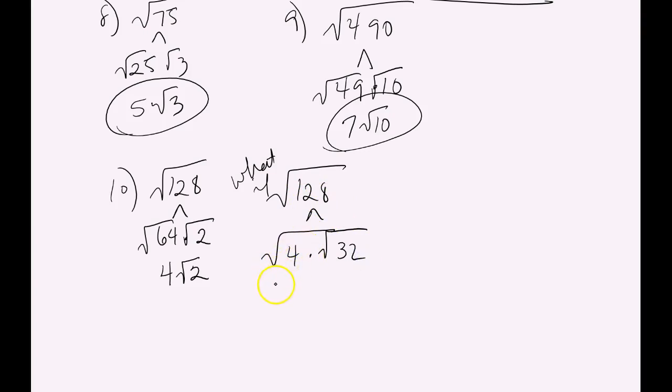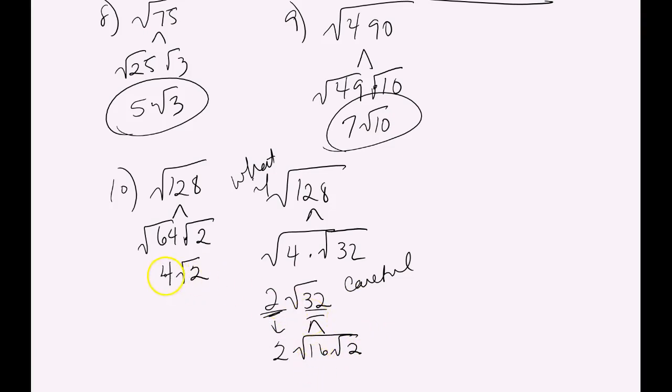And so you may have thought the answer was 2 root 32, but be careful, because if that number can be broken down again, you have to do it again. So for this one, you'd have to break down the 32 again, and maybe this time you would notice that that is 16 times 2. There's still this 2 in the front. Don't forget about him. I'm just going to bring him down. And then the square root of 16 is, that right?